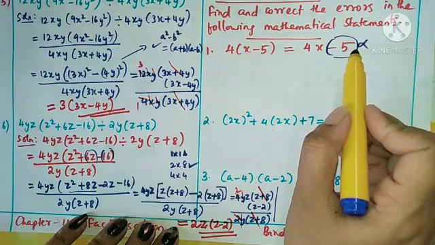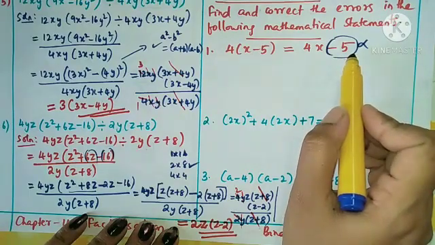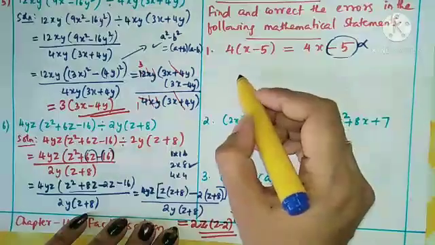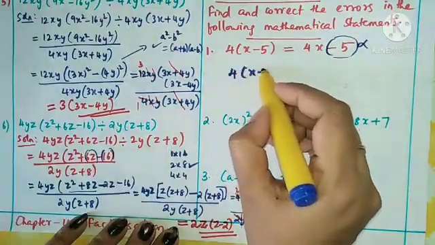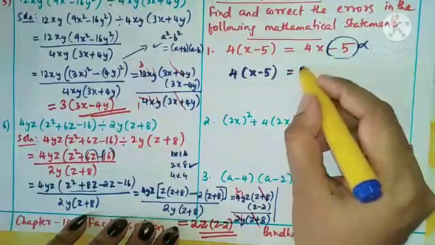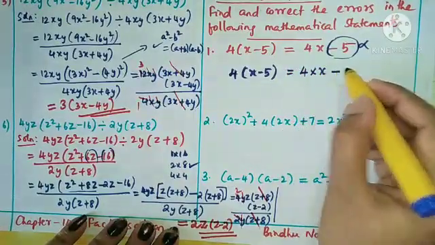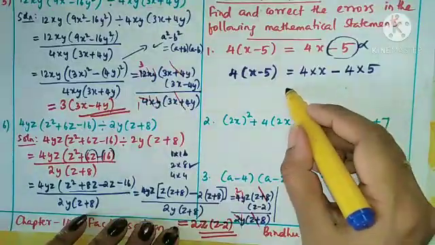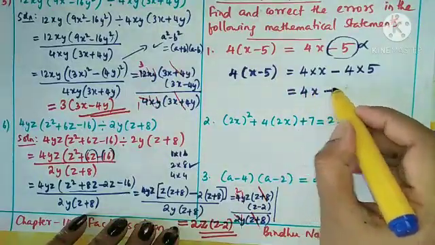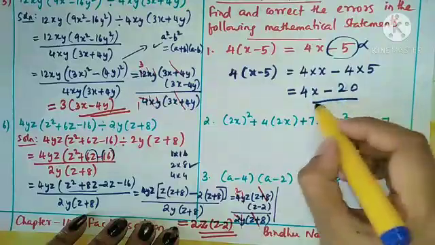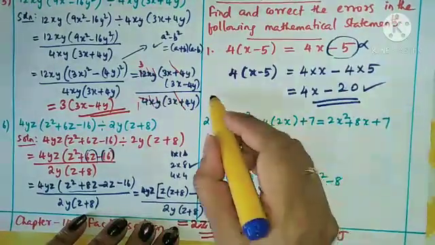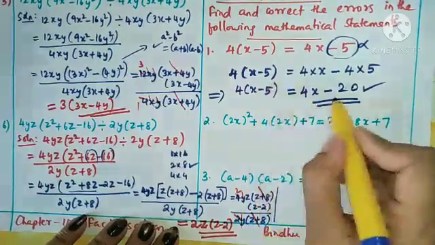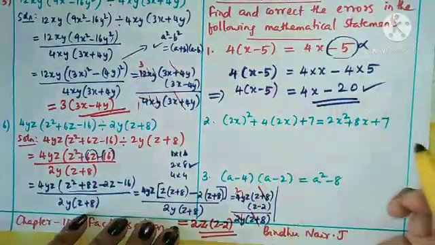So the product is wrong here. So how to write the correct statement? 4 into x minus 5 is equal to 4 into x minus 4 into 5. This is the correct answer. So when you simplify, you will get 4x minus 20 is the right answer. So the correct statement is 4 into x minus 5 is equal to 4x minus 20.